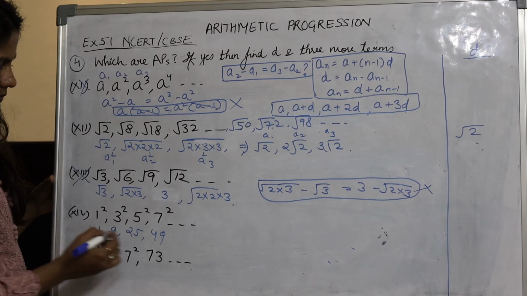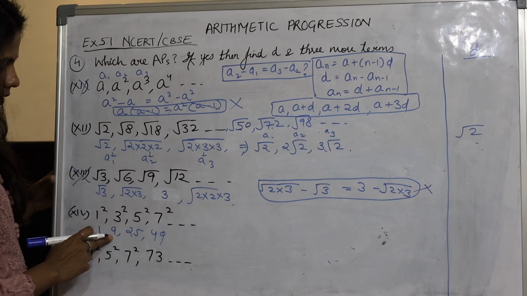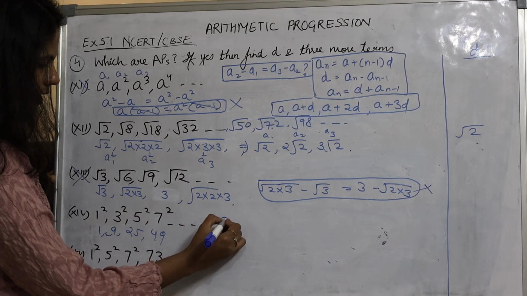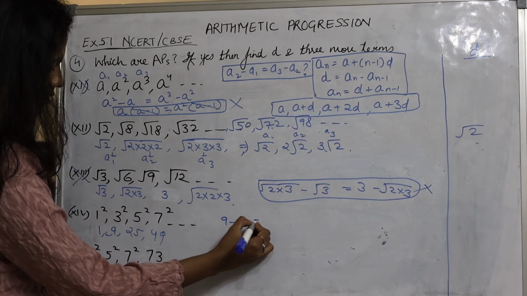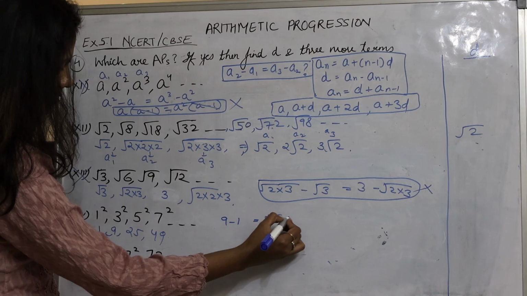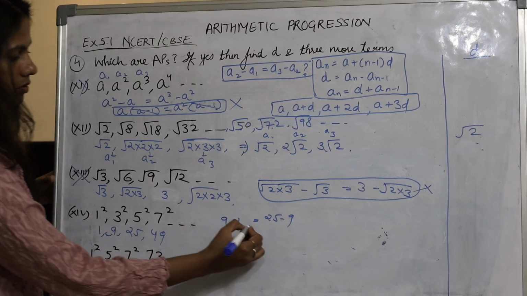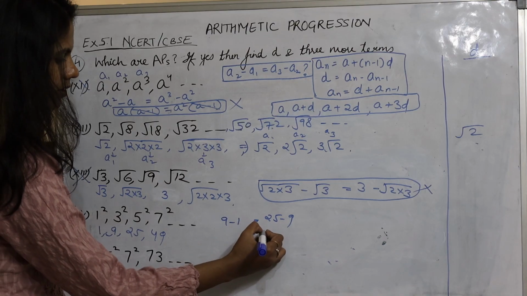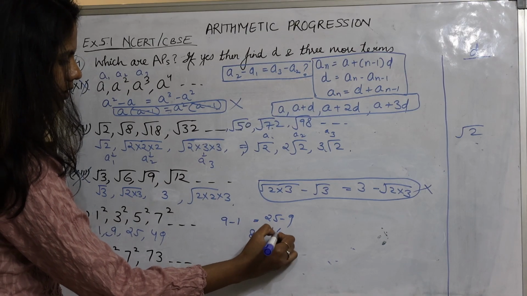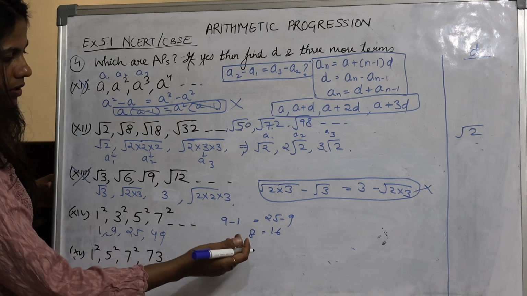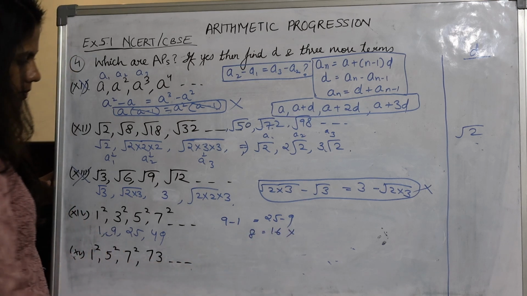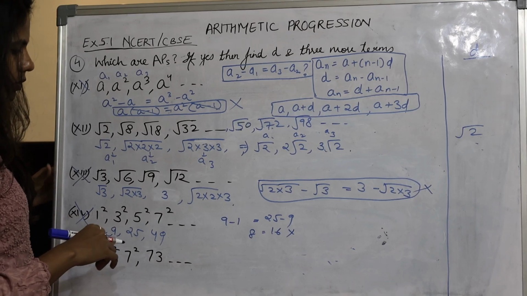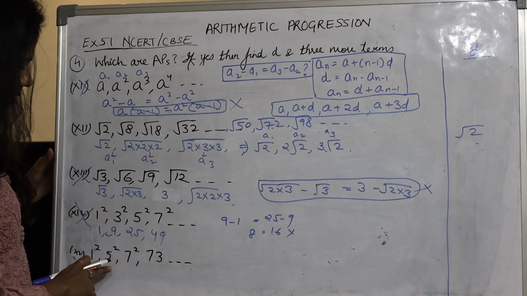Now let's see. Is 9 minus 1 equal to 25 minus 9 or not? So 9 minus 1 is 8 and this will be 16. Are they equal? No. So this is not an AP. Okay. Now last one.